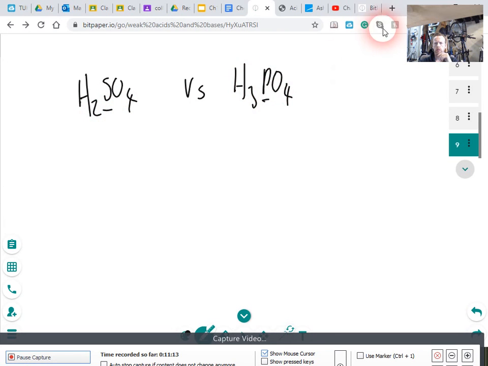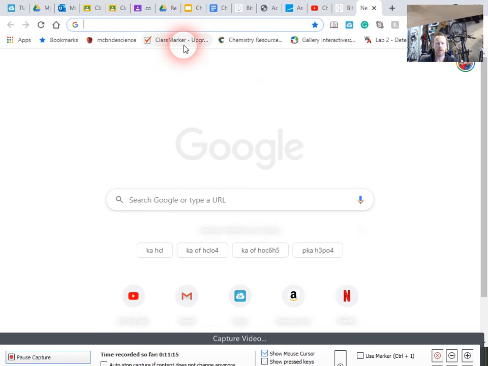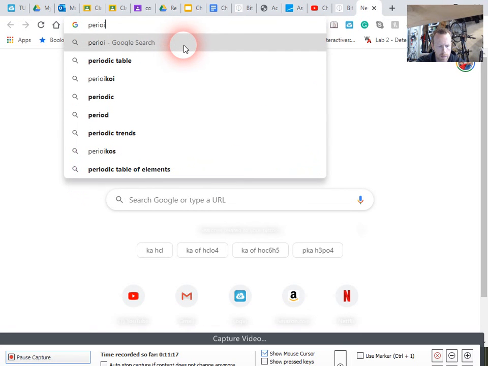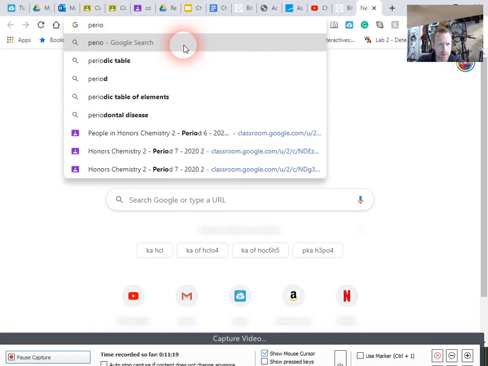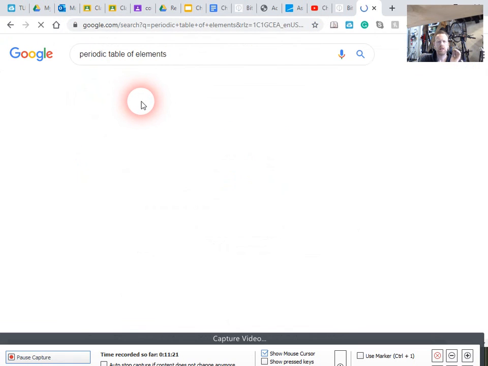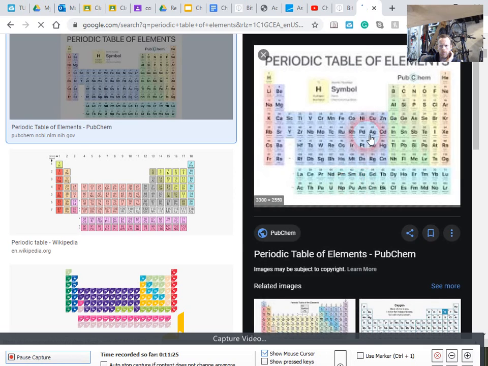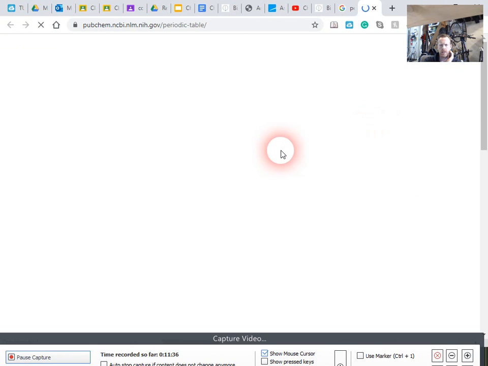I guess let's look to a periodic table, see where they are. Periodic table of elements. So the sulfur is more electronegative than the phosphorus, right?